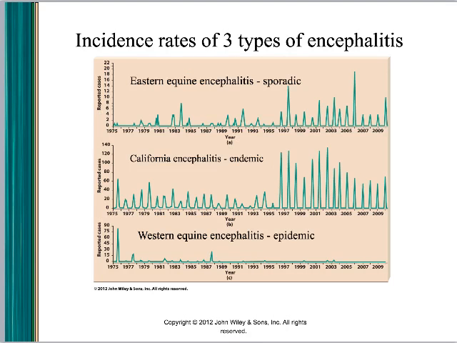Okay, so here are some examples of three types of encephalitis. The first one I have is Eastern equine encephalitis. Encephalitis means it's going to affect the brain and the brain lining, the spinal cord. If you look here from 1975 to about 1996, it's sporadic, so it wasn't predictable.